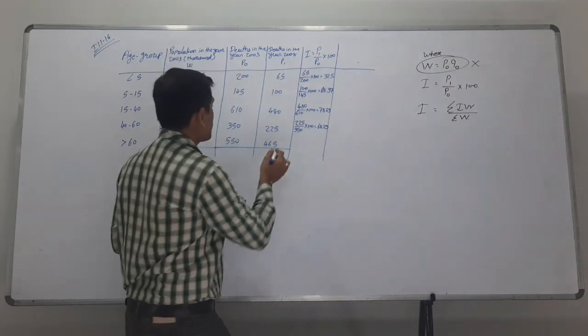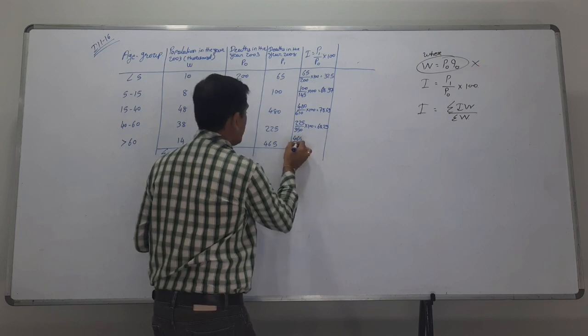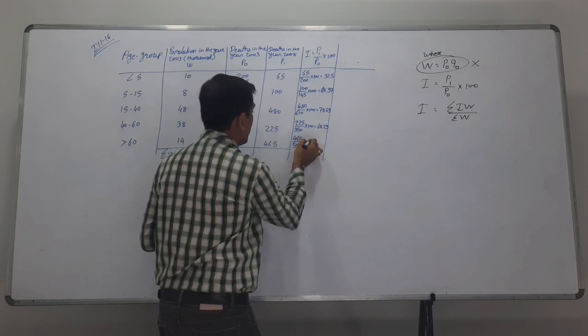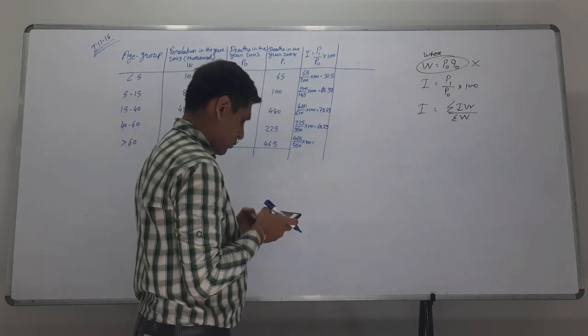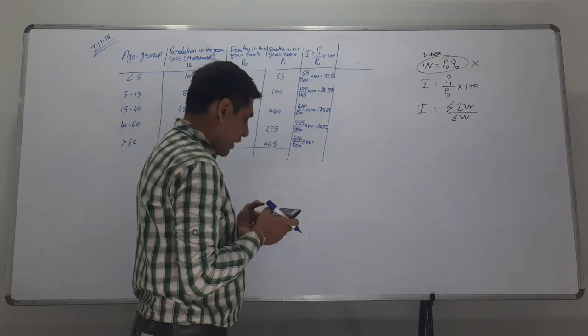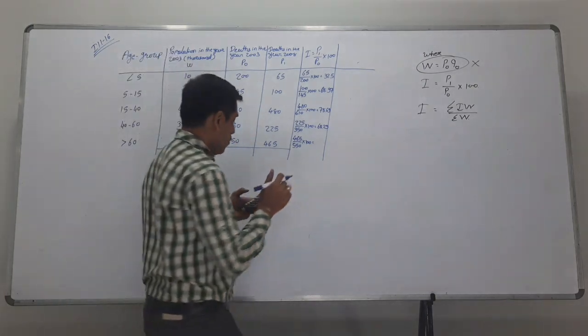Right? And the last one is 465 divided by 550 into 100, that is 84.545454, 84.55.